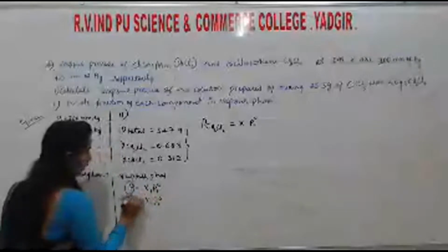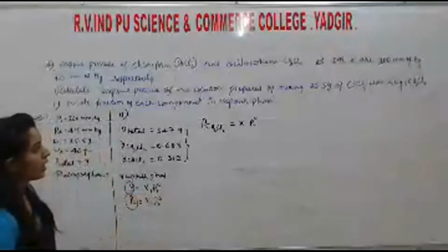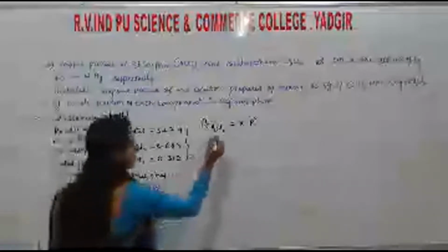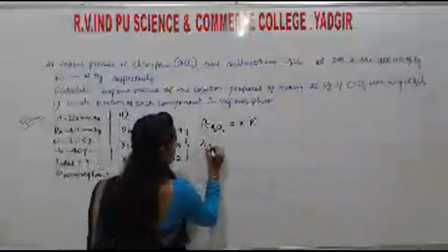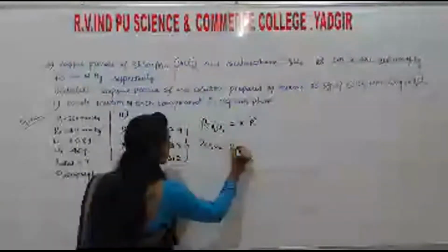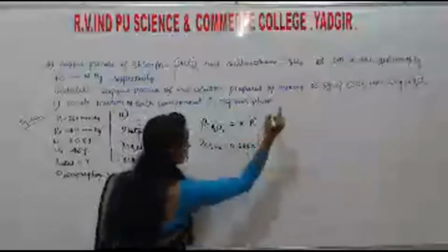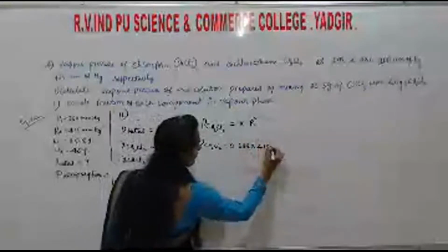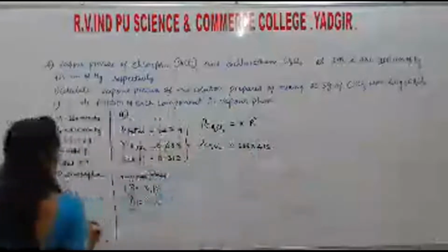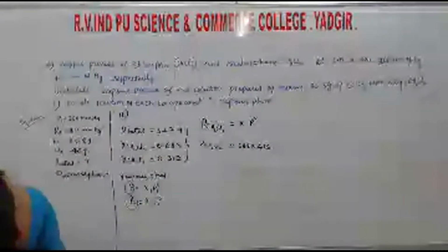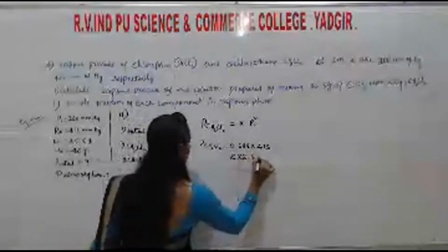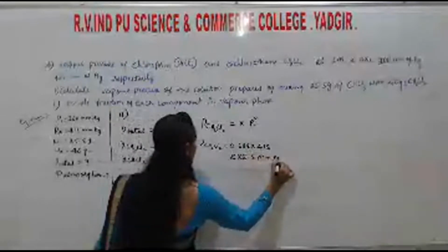We have to calculate the pressure of CH2Cl2 and CHCl3 in the vapor phase. Here, pressure of CH2Cl2 is the mole fraction of CH2Cl2 into 415. So we get 0.688 into 415, which is 285.8 mmHg.